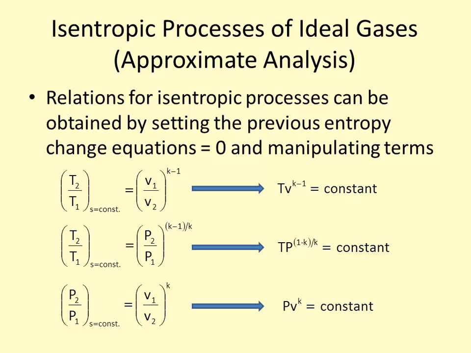So the natural log of T2 over T1. So then T2 over T1 is equal to V1 over V2 to the K minus 1.